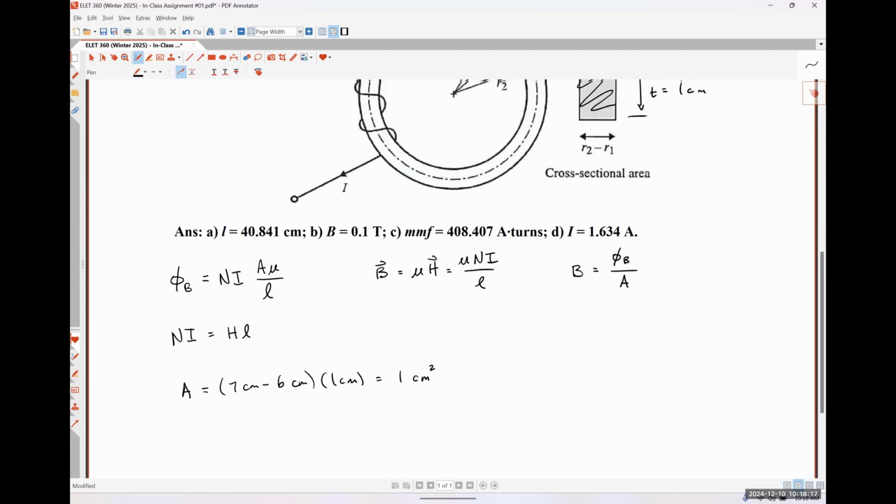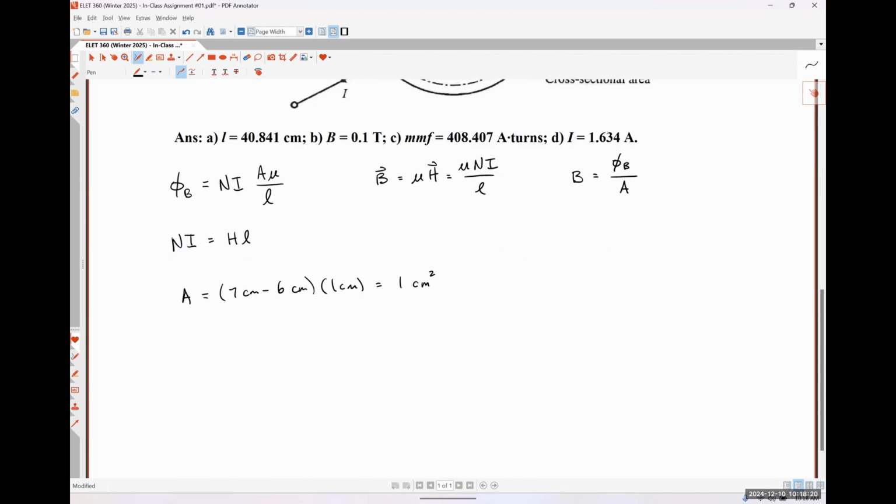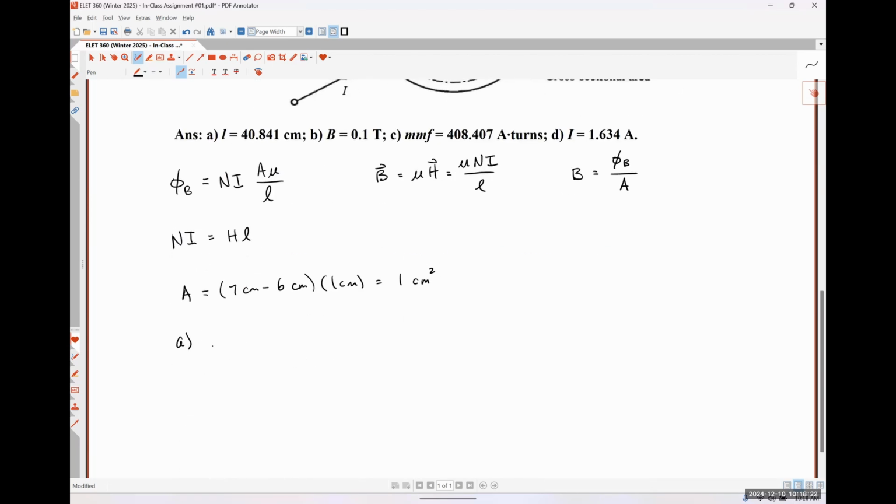For our average flux path of the core, so that's part 1, I'm going to call this L sub C. We effectively just need to use our average radius and then multiply that by 2 pi to get the total distance around our circular path, right? So our average radius is just going to be R1 plus R2 over 2, and then this is going to be multiplied by a factor of 2 pi.